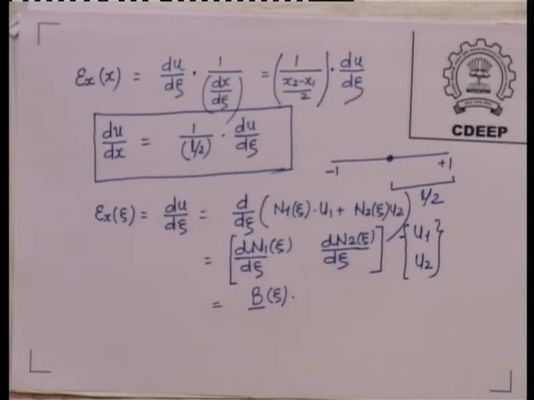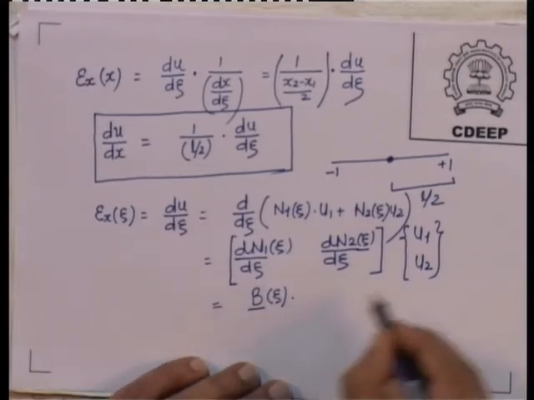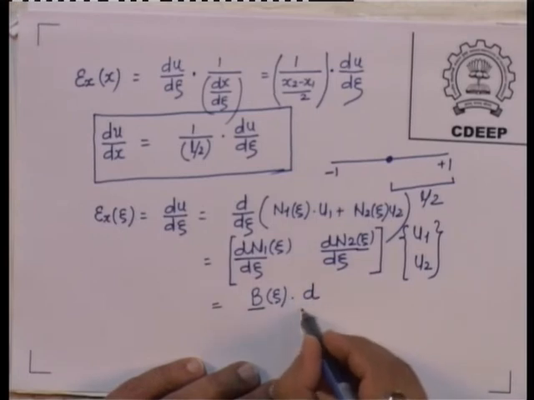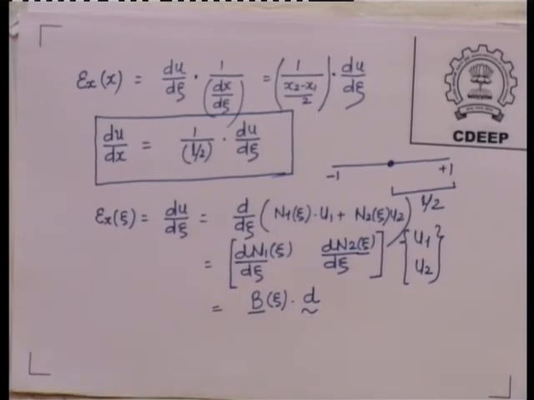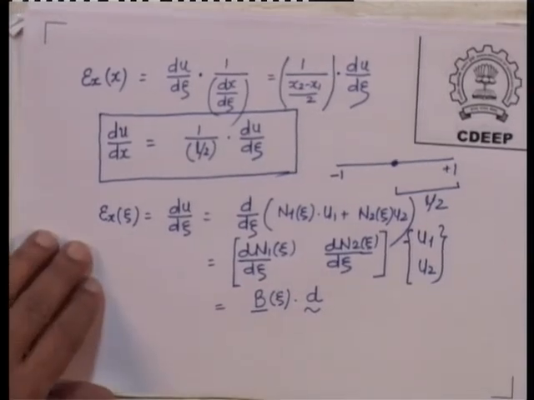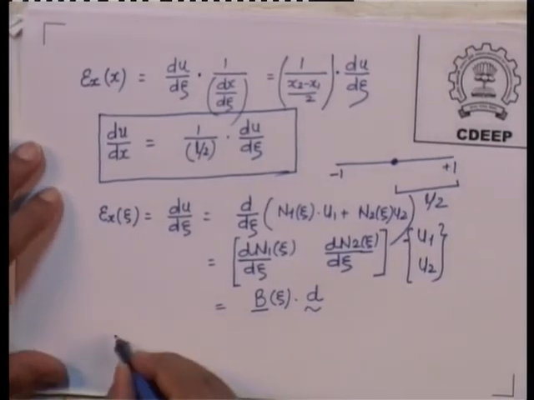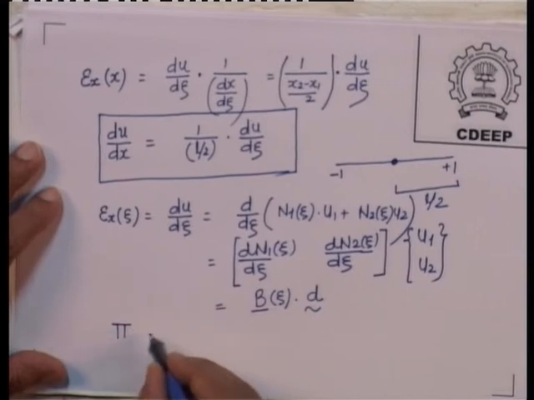This is B in a local coordinate. B means the derivative of the shape function has been obtained, and then this is your D. And how do you get energy? Strain matrix is important. How do you get energy? Energy expression.